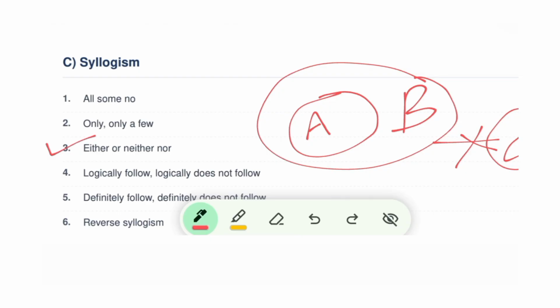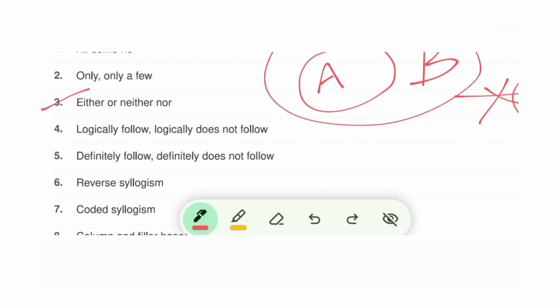All, which basically follows, is called definitely follows or logically follows, but logically does not follow and definitely does not follow contain different concepts. And there will be a reverse syllogism where two to three conclusions are there and four to five statements in the answer.